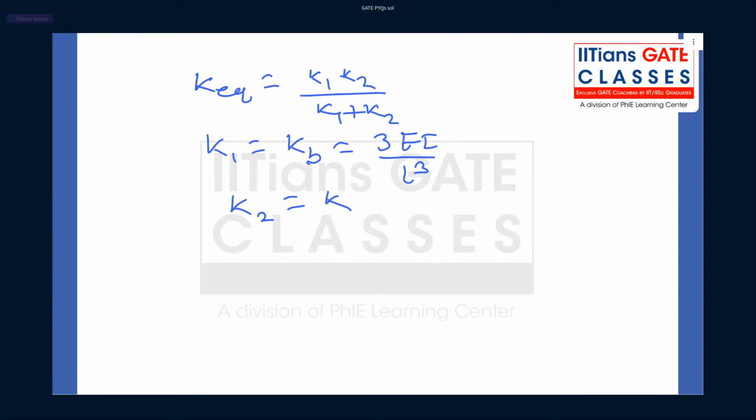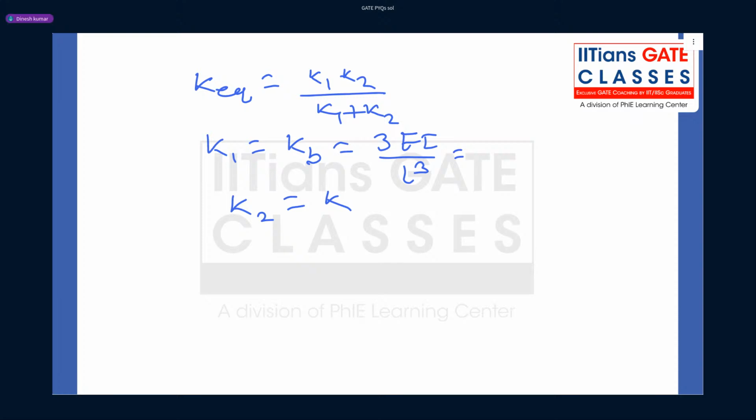Now guys, substitute everything. They have given E value, I value, and the length of the cantilever beam. So what will be K1? Just substitute all the values and find out how much.